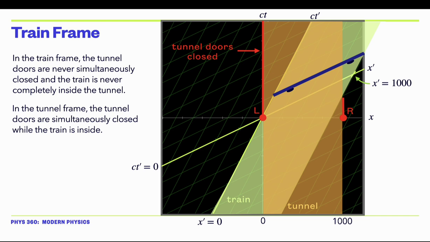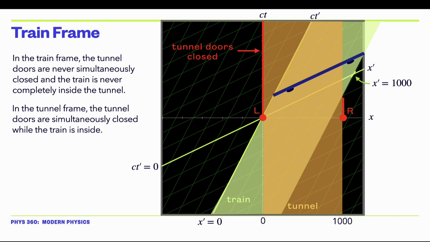So what do we make of this? How is it possible for both of these perspectives to be correct? Well, it's possible only if we give up this notion of simultaneity as being an absolute thing.